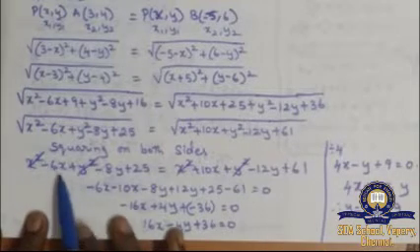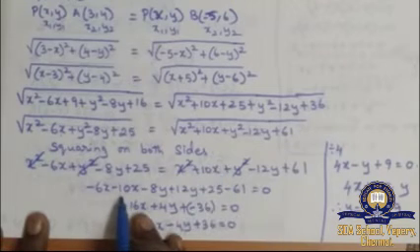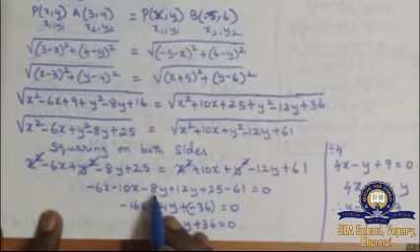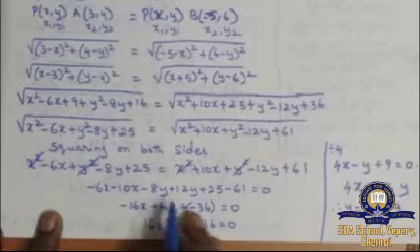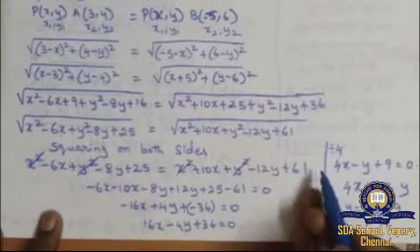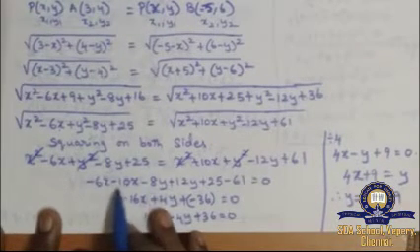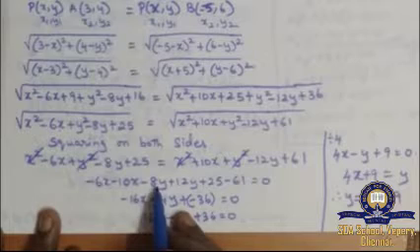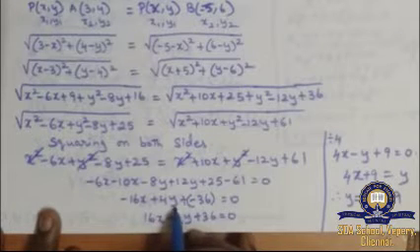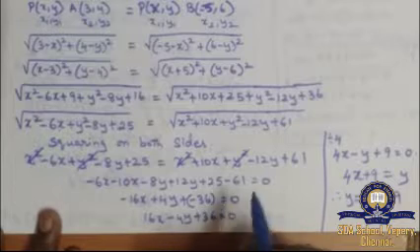So next step, minus 6x, minus 10x. I took this 10x to this side, so minus 10x. Here minus 8y, minus 12y if I take this side, plus 12y, then plus 25. If I take 61 here, minus 61 equal to 0. Then if I add the like terms, minus 16x, minus 8y plus 12y is plus 4y, then minus 61 plus 25 is minus 36 equal to 0.